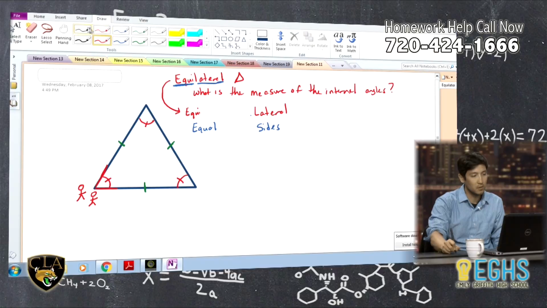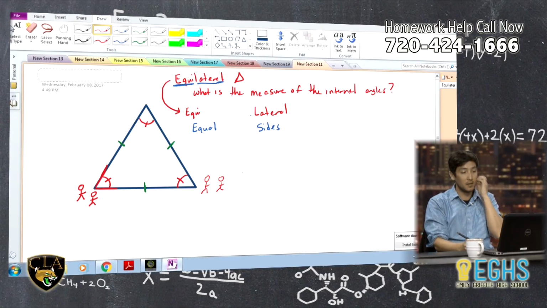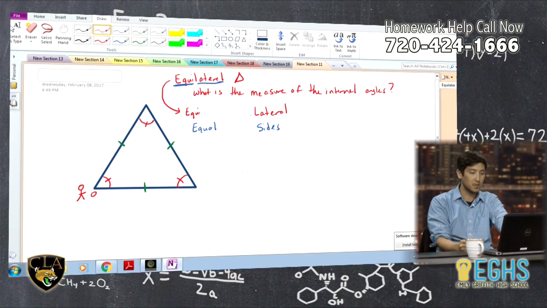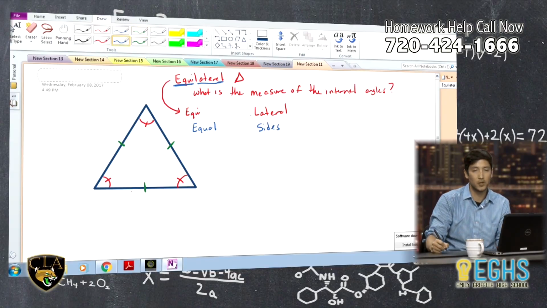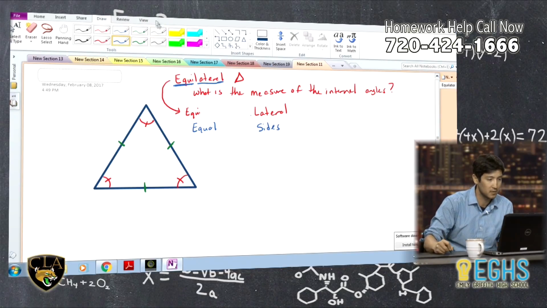If two people start over here and walk the same angle, the same distance, everything is going to be the same. So with equilateral, we could also say they're equiangular, which means all the same angles. We should also know that in a triangle, no matter what it looks like, whether obtuse, acute, or equilateral, the angles always add up to 180 degrees.